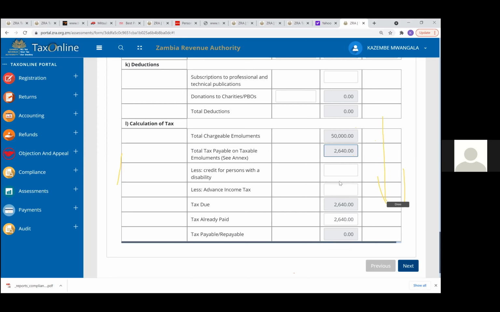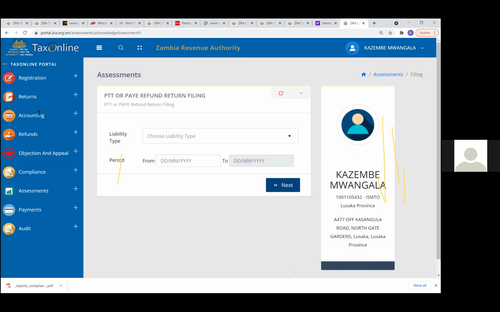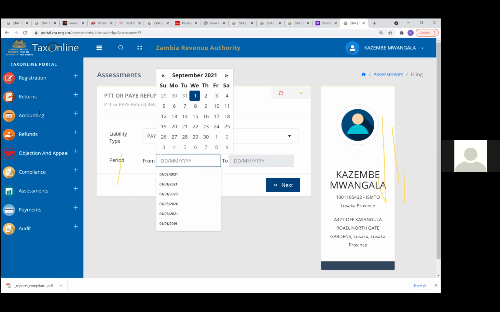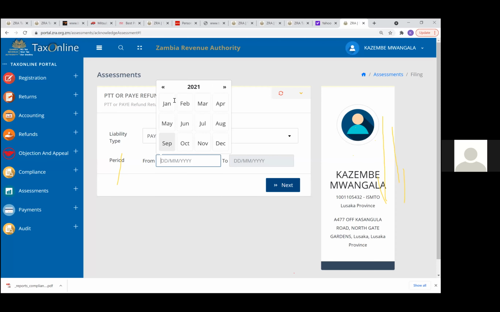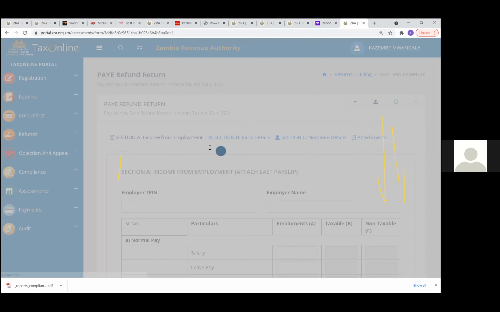So now I want to demonstrate a case where, remember that one was 55,000 as salary and 8,000 transport allowance. Now I want to show a case of 50,000 as salary and 5,000 as transport allowance. So they will have gotten their salary of 50,000.